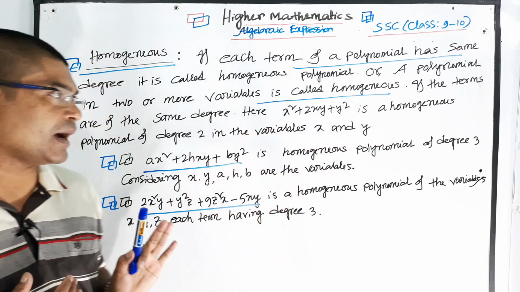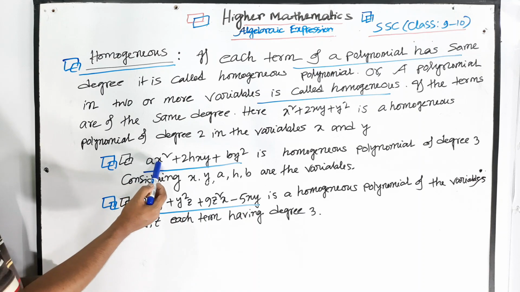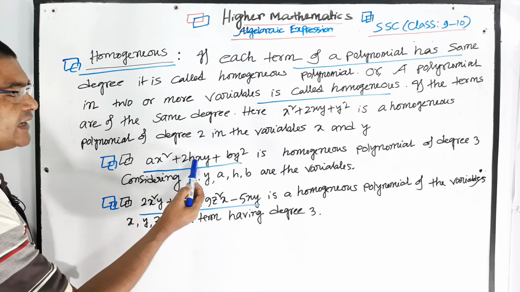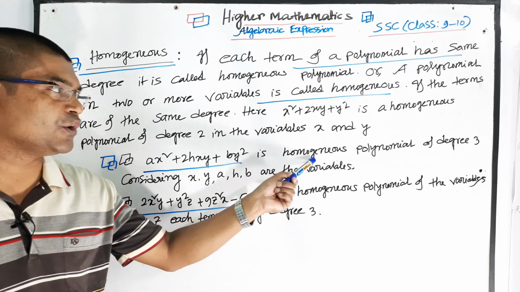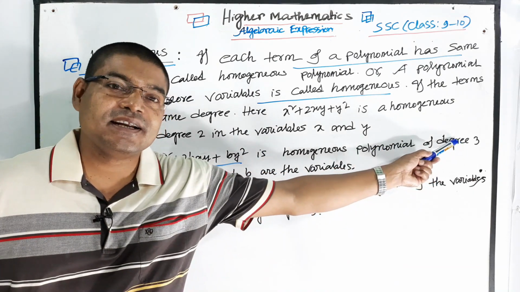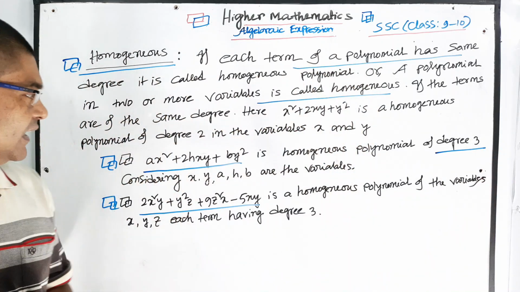polynomial. Let's come to another example. Ax square, 2xy, by square. This is also a homogeneous polynomial, degree 3. Be careful, degree 3. Why degree 3?